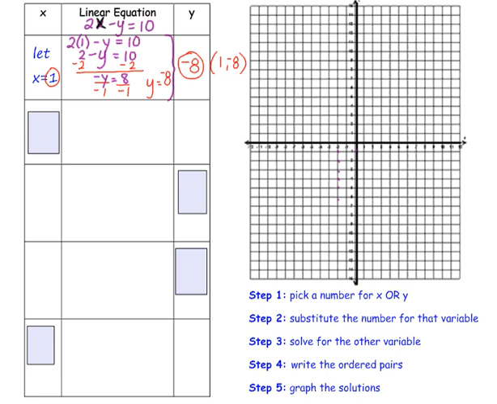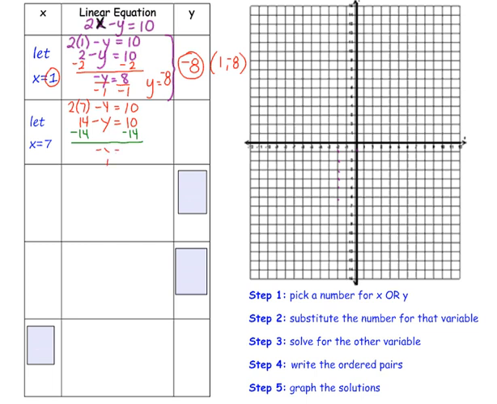Next, let's find another solution. Let x equal 7. In the original equation, I'm going to substitute the value of x with 7. So we have 2 times 7 minus y equals 10. Simplify. 2 times 7 is 14. 14 minus y equals 10. Subtract 14 from both sides of the equation and simplify.